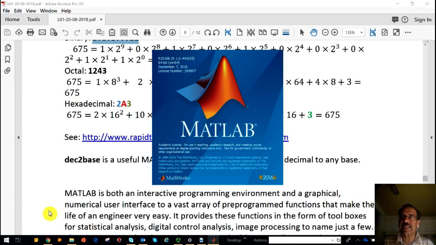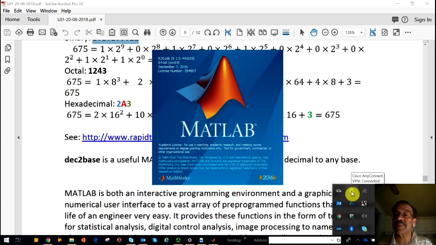Otherwise, if you're connecting to the campus from home, you need to have something called a VPN, and I will show you more about it in one of the labs. I guess it is taking time to check out the license, but I hope my VPN is connected.